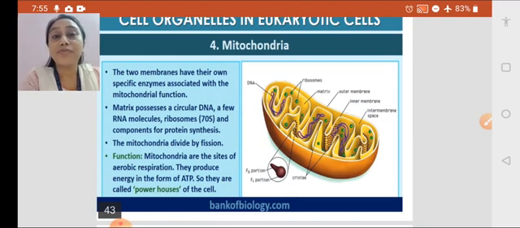And the F0, F1 particles are enzymes made up of proteins which are involved in the formation of ATP. With the help of these F0, F1 particles, the mitochondria is able to produce a large number of ATP in aerobic respiration. So, we have been calling mitochondria the powerhouse of the cell. You understood why?